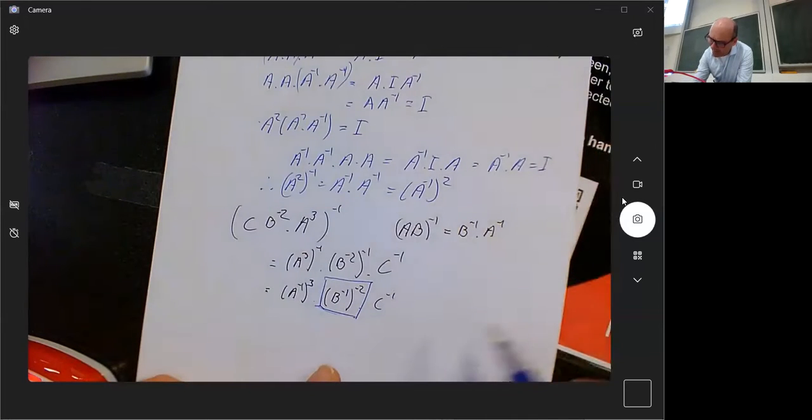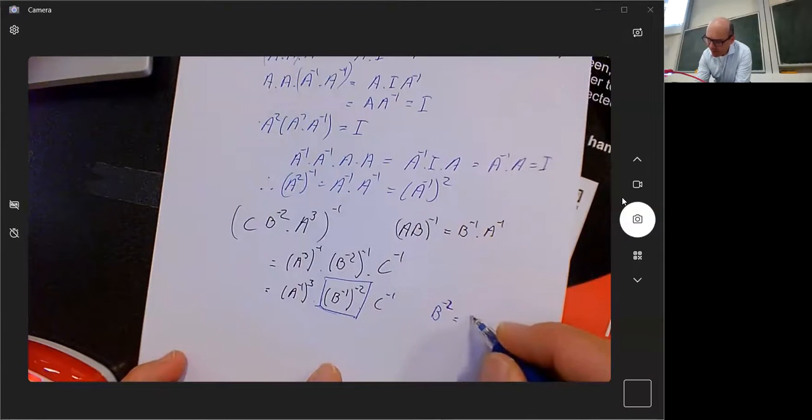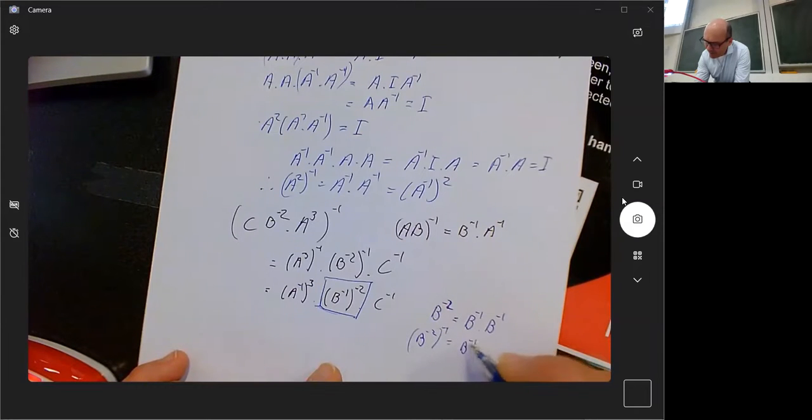We're going to go, what do I really mean? So B minus 2, well, we sort of decided that's actually a way of going B inverse times B inverse. And so when I take the inverse of that, when I do B minus 2 inverse, I'm going B inverse inverse times B inverse inverse.